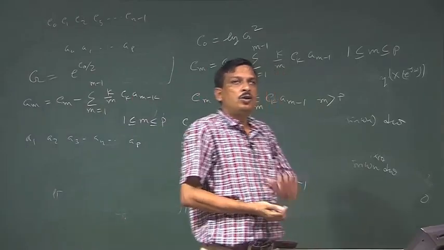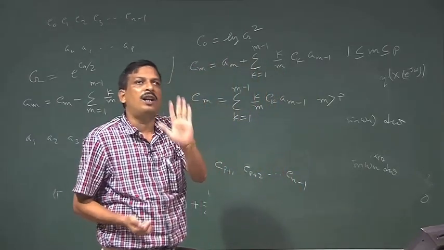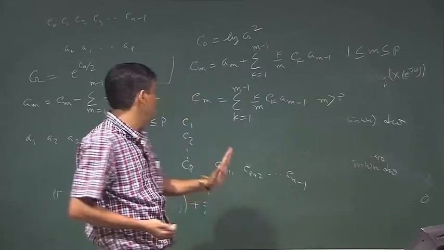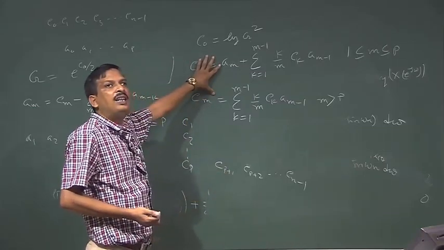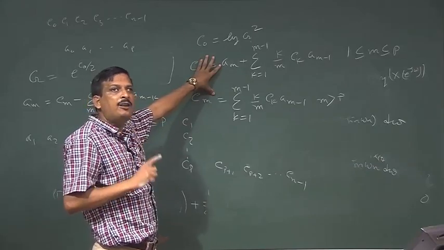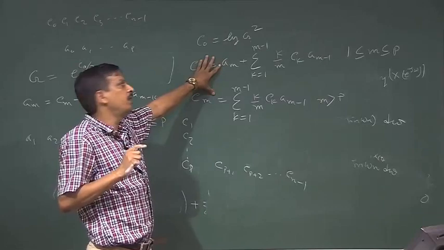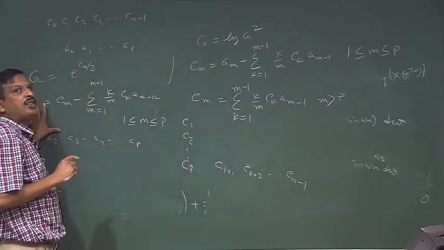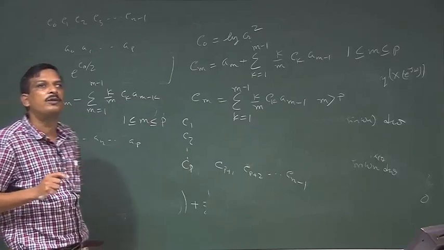Okay. So, if I calculate the Cepstral coefficient from the LPC spectrum using these three formulas, I get the LPC Cepstral coefficient. If I know the Cepstral coefficient, I can calculate the LPC coefficient using this formula.